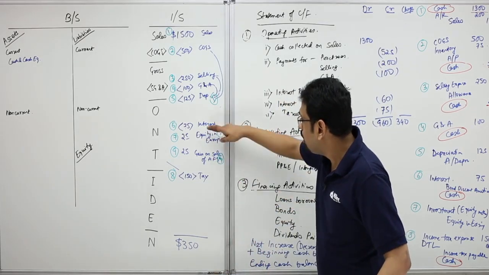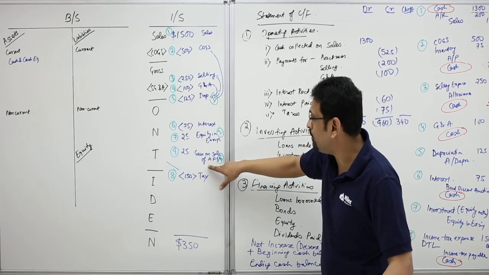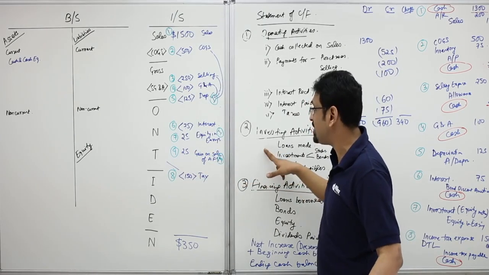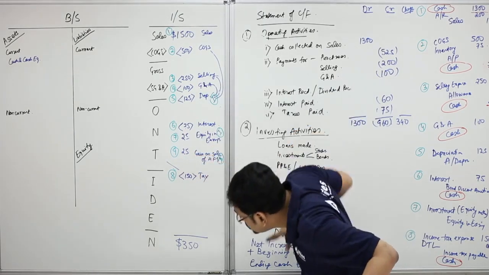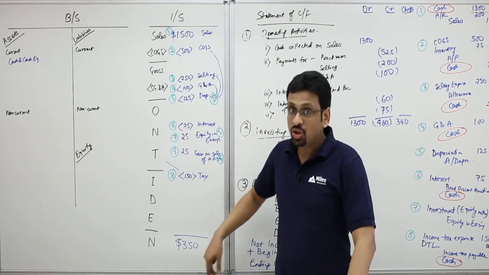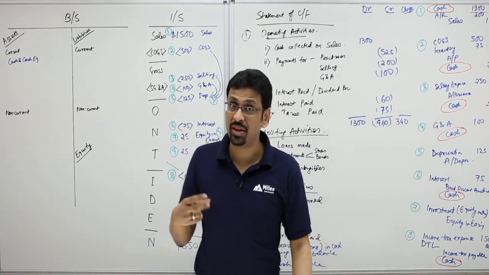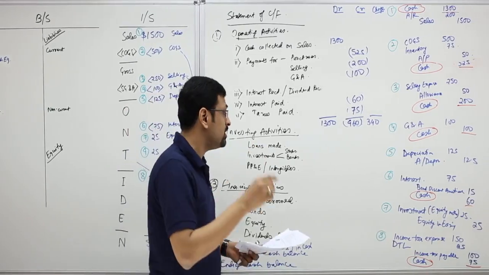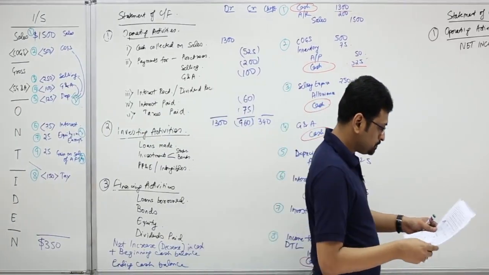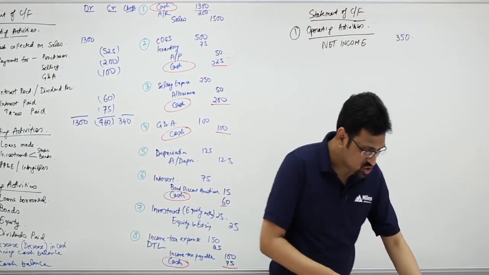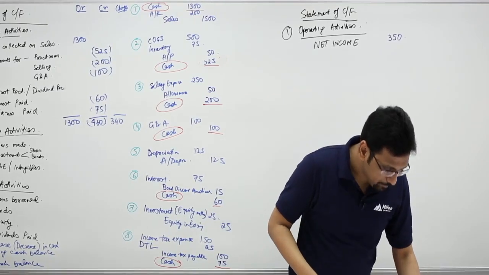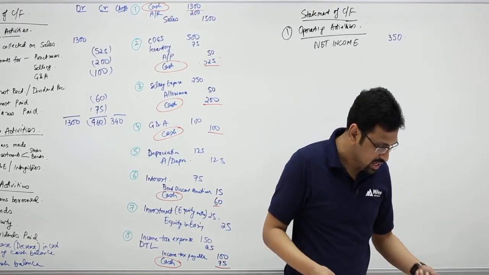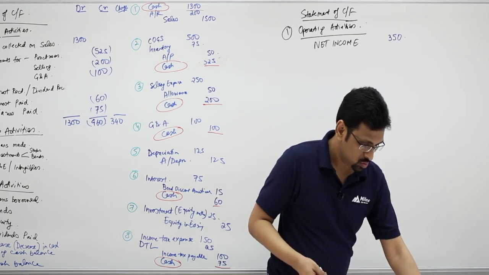When I'm looking at gain on sale of available for sale securities, that's going to go in investing activities, and that's an add here. So we're going to subtract it down here. So let's do both these adjustments and I'll talk about the third adjustment after that. So adjustment number 1, we are looking at depreciation expense and we are looking at equity in earnings.